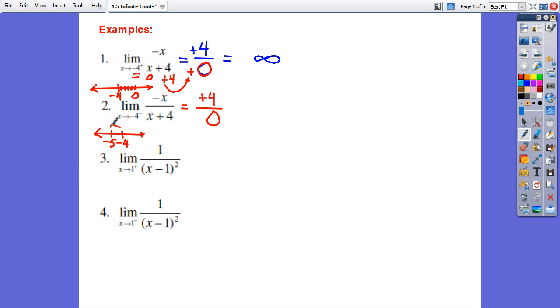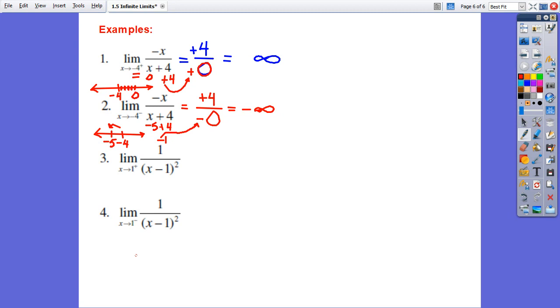So if I plug in negative 5, I get negative 1. We don't want to put negative 1 down here. It's already 0. All I'm doing that for is to steal the sign. And then we already know this is going to be either infinity or negative infinity. A positive over a negative is negative, so negative infinity is our infinite limit.